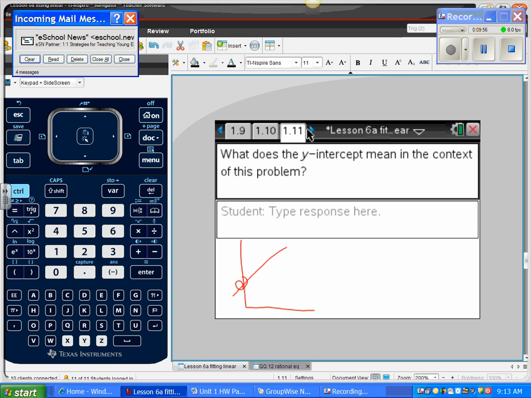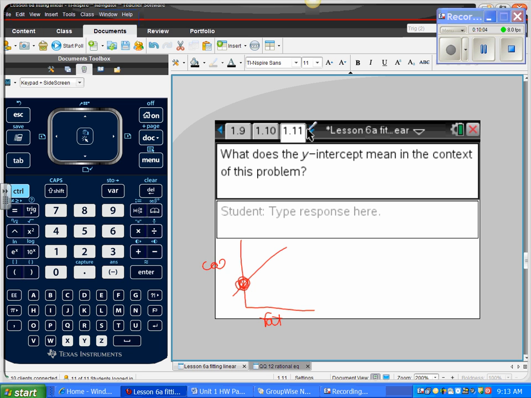This would be your y-intercept. What does that value mean? This is fat. This is calories. Good. It's how many calories you have if you have 0 fat. Because even if you don't have any fat, you still have to have calories, right? Everything has calories too because it takes energy to break down. So how many calories you have when you have 0 fat is your answer.